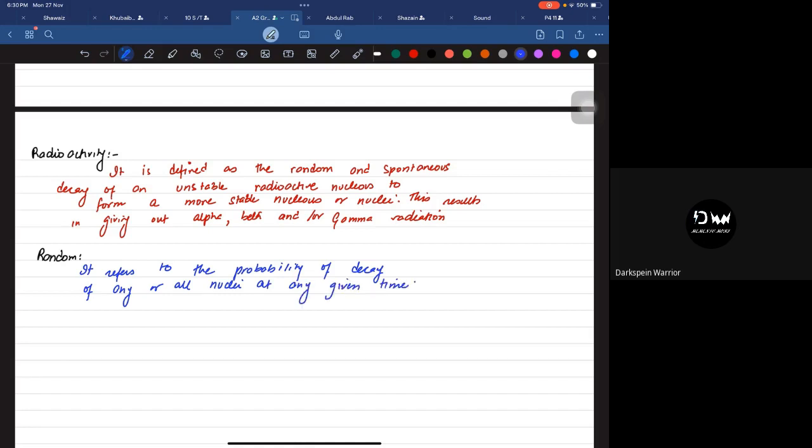You cannot predict when a nucleus or all nuclei are going to decay.